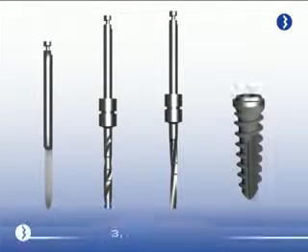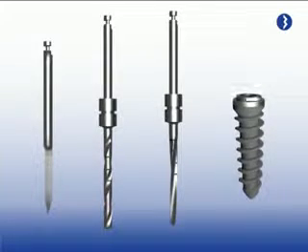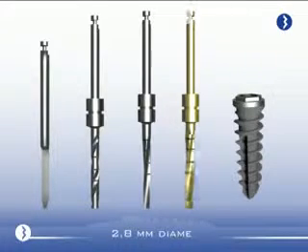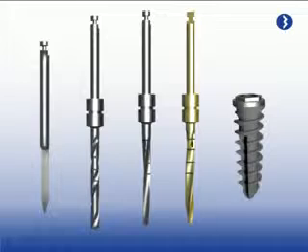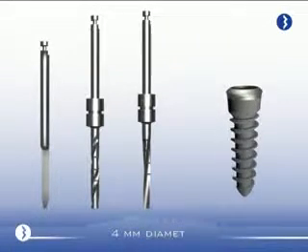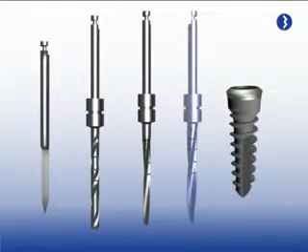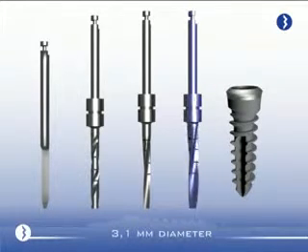If you decide to insert a 3.75 diameter implant with a Q2 external hexagon, a golden 2.8mm drill should be added to the common sequence. For a 4mm diameter implant, an internal octagon QK connection, a blue 3.1mm drill can be substituted.